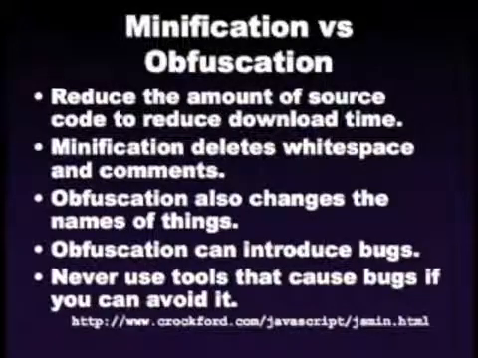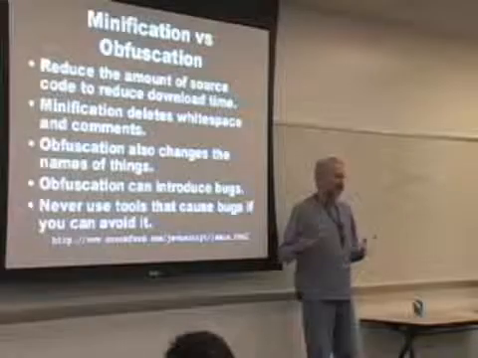So minification does that. There's another technique which is related to minification called obfuscation, which attempts to go further. It will look at long names and try to change them into short names. The problem with that is, in a language as dynamic as JavaScript, that can introduce errors.